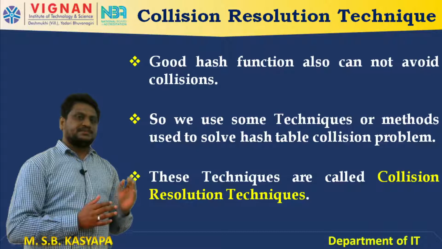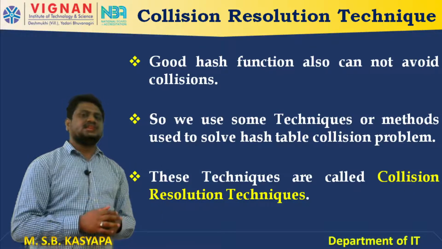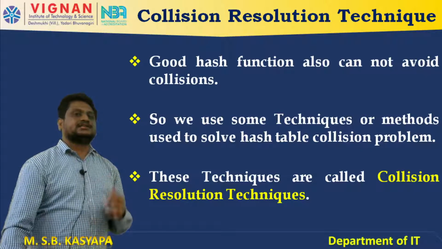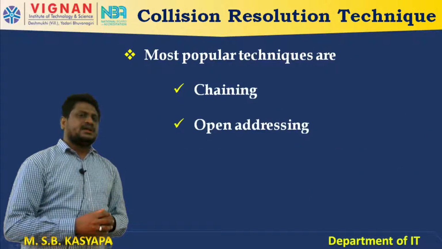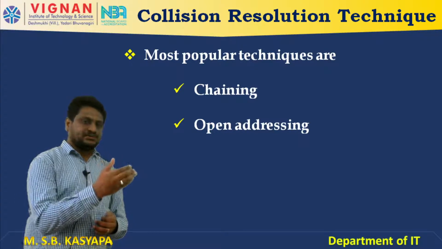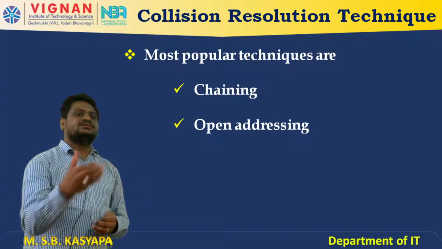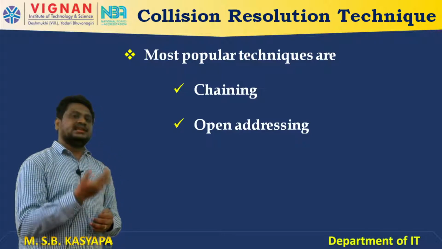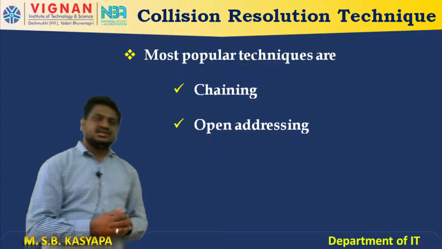For that purpose we use a special technique called collision resolution techniques. If the hash function produces any collisions, I have to handle them, and that handling method is called collision resolution techniques.